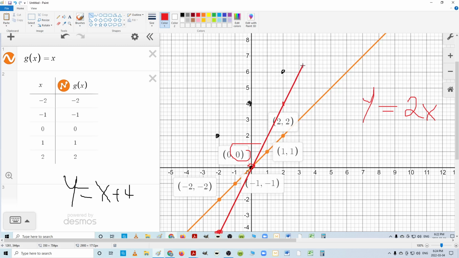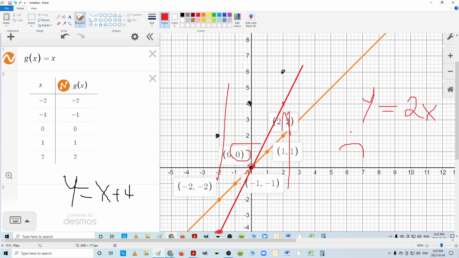Notice this line is much steeper. It's going up much more sharply. It has a sharper slope. And it's called a vertical stretch by a factor of 2, because it multiplied all my y values by 2 and made my line go up steeper. It stretched it upwards.